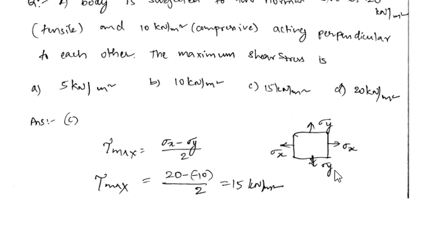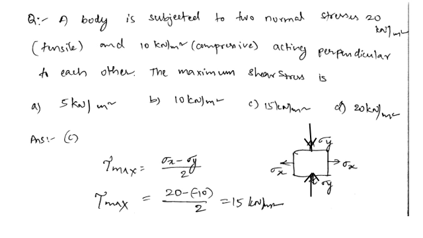So a body is there, and this body is subjected to tensile stress in one plane and compressive stress in another plane which is perpendicular to the first one. In this case the values are also given: tensile is 20 and compressive is 10 kilonewton per meter square. So it is asking for the maximum shear stress in the body.